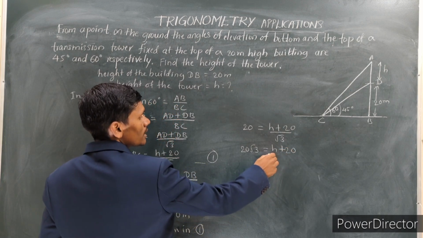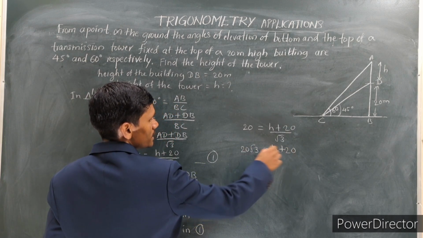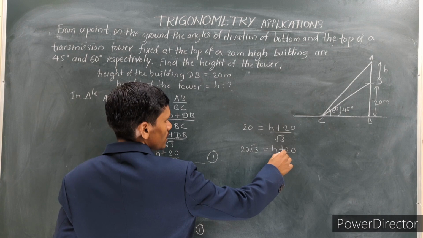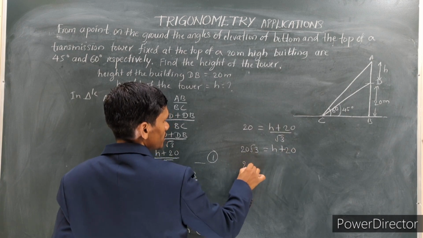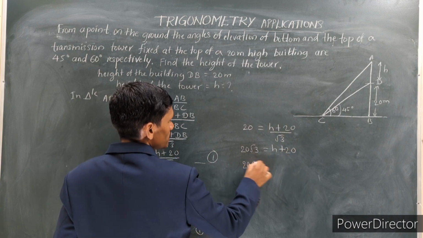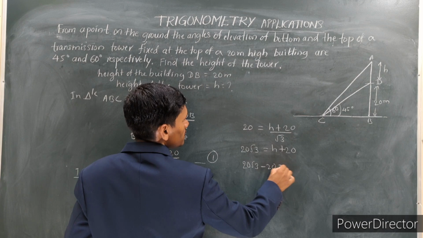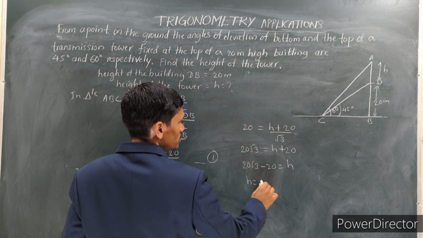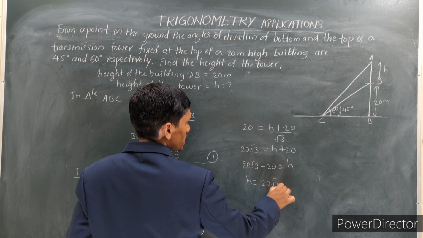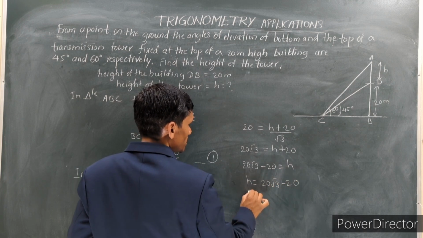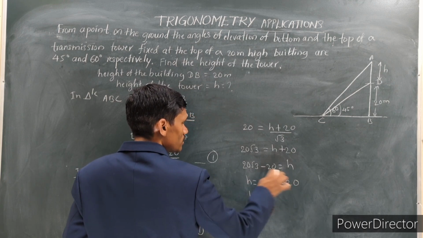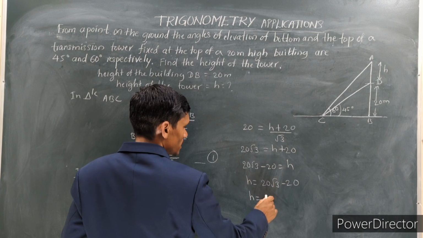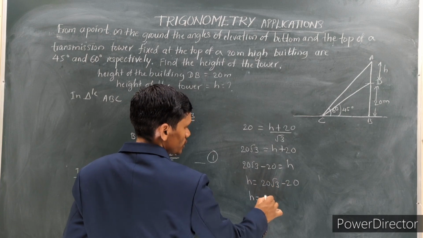You separate H again. What this becomes? 20 you bring this side. 20 root 3 minus 20 is equal to H you got. Now H is equal to 20 root 3 minus 20, right? One step extra I am writing in order to not lead you towards confusion.